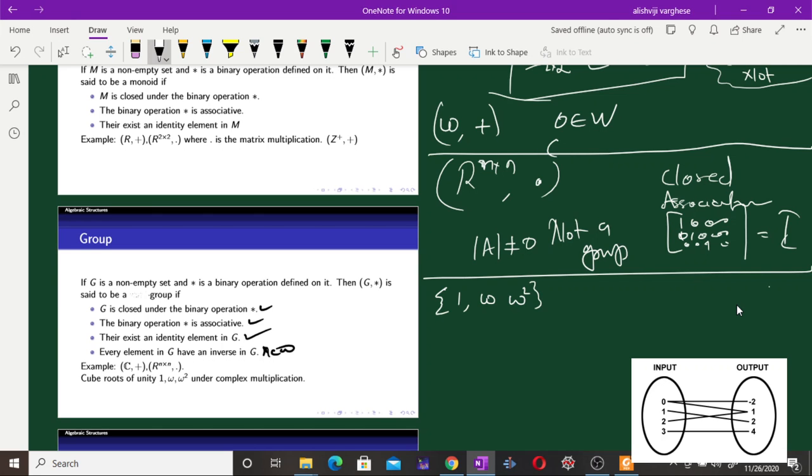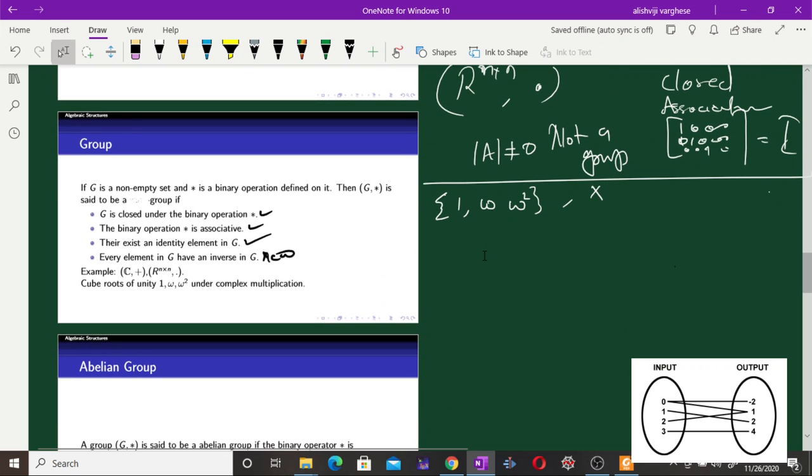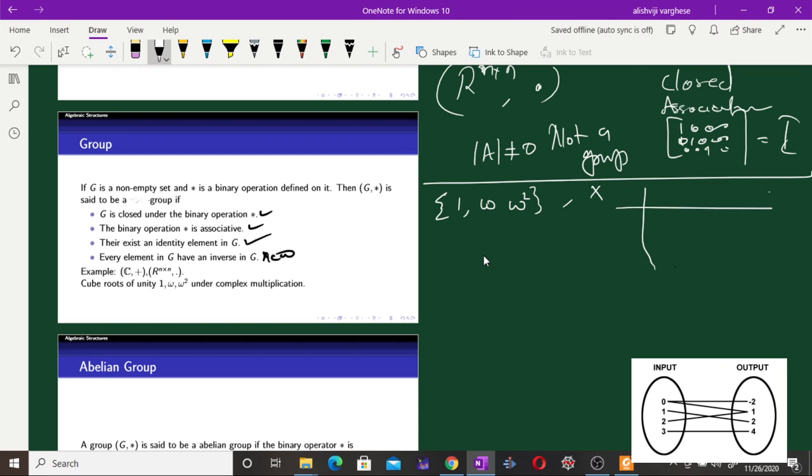If we consider these cube roots of unity under complex multiplication, then that will form a group. This particular group has a peculiarity: it has only a finite number of elements, and therefore this group can be represented in tabular form.